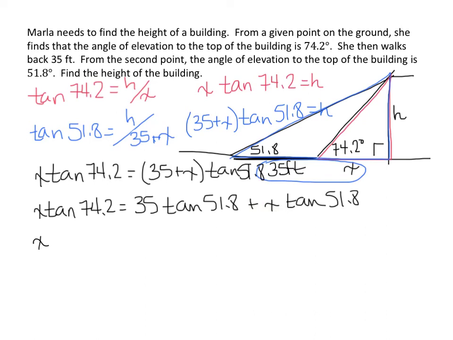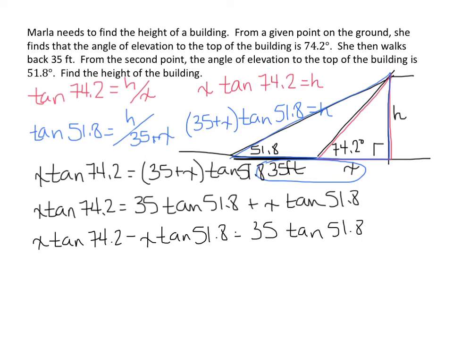That gives me X times the tangent of 74.2 minus X tangent of 51.8, and that's equal to 35 tangent of 51.8. From here, on the left side, I'm multiplying each term by X. That means that I can factor X out.